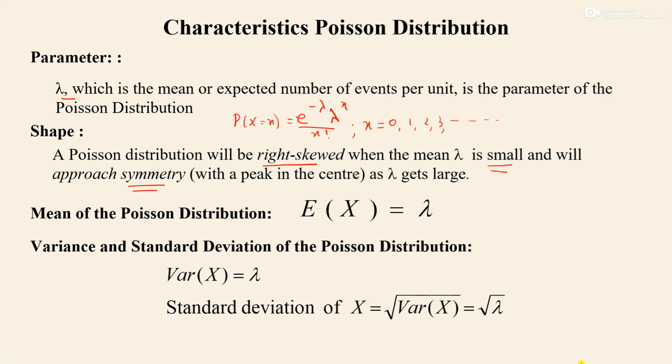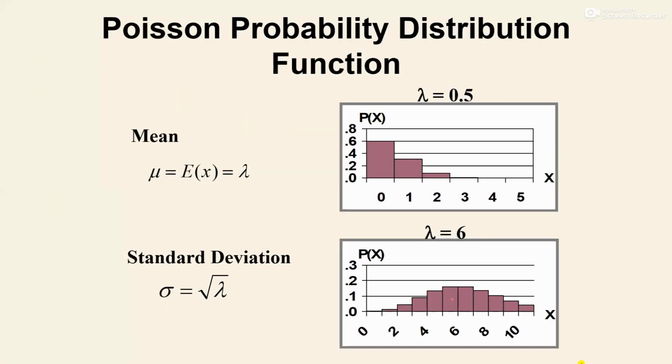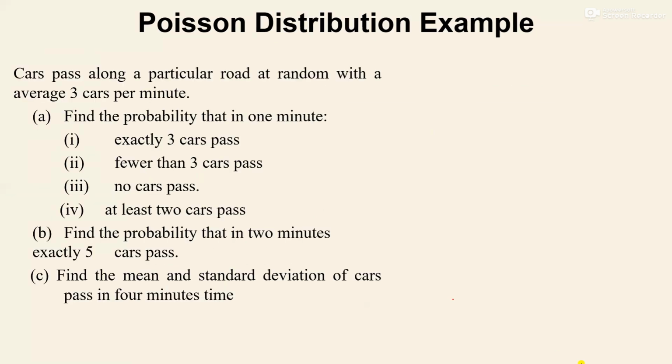But here, when lambda is small, the Poisson will be right skewed, and when lambda gets large, you will get an approximately symmetrical shape. The mean of the Poisson distribution is lambda, and the variance is lambda, so the standard deviation is the square root of lambda. And this is the shape.